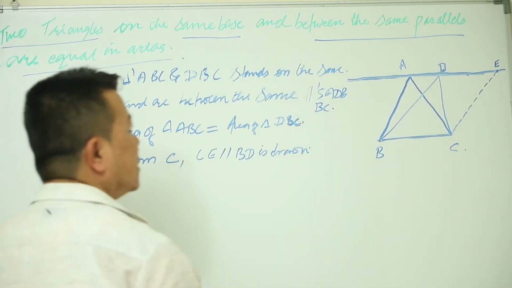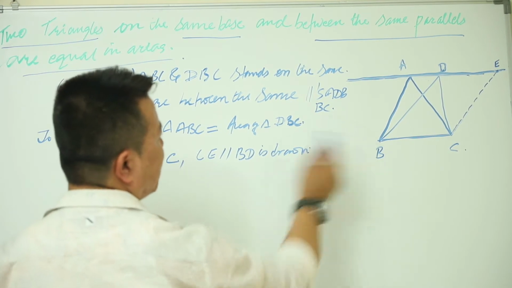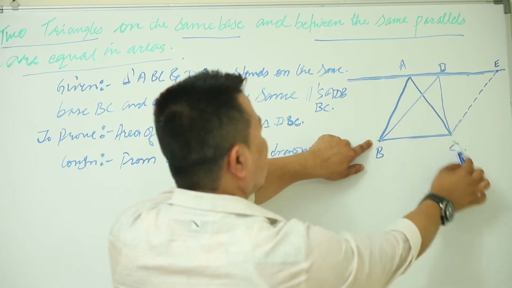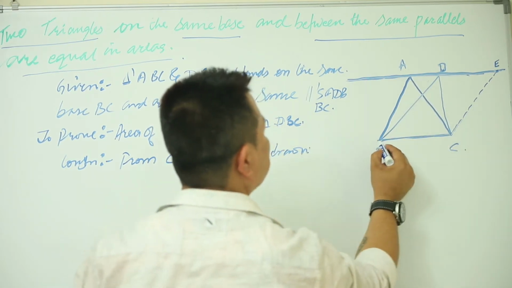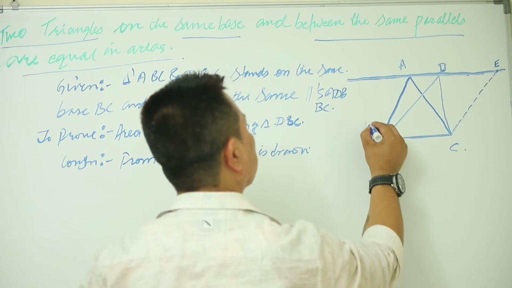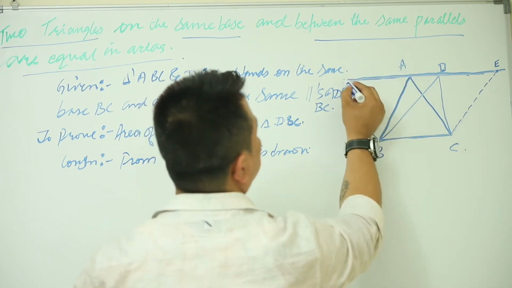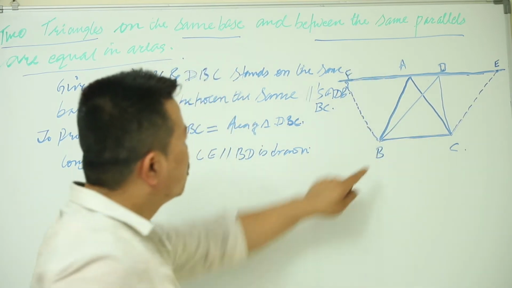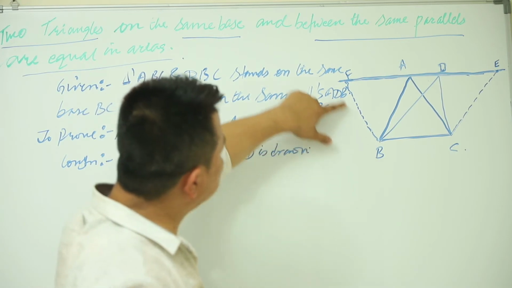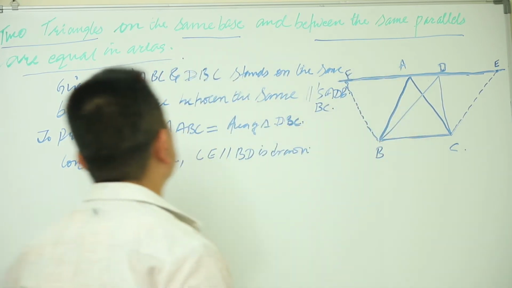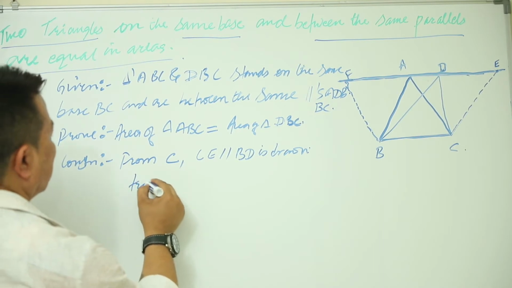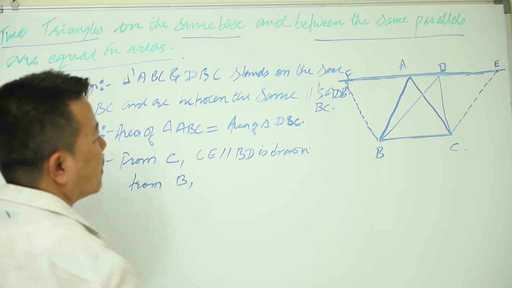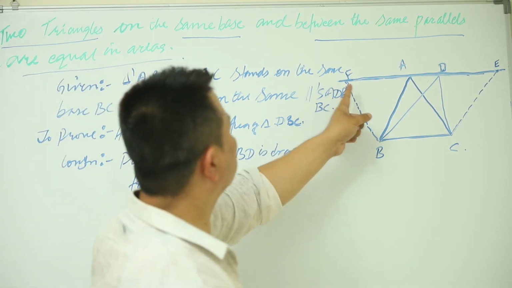Similarly, you need another construction from this point B. From this point B, you have to draw a line parallel to CA, which meets at this point, and you can name it F. So from point B, you have drawn a line BF parallel to CA.